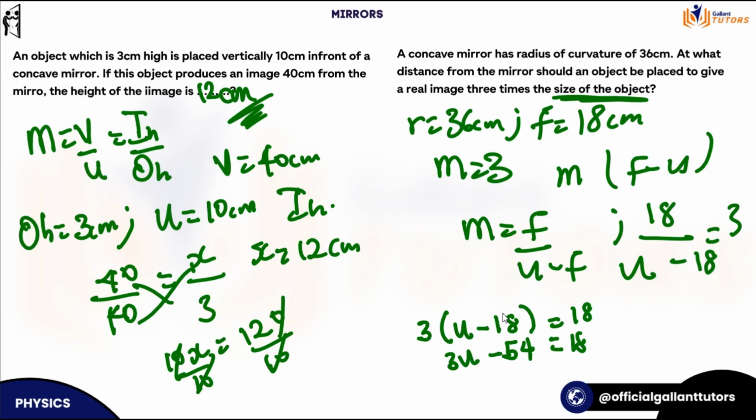Okay, if this thing cross this part, we're going to get 3u is equal to 54 plus 18. That's 72. Right? So 72 divided by 3 will give you what? 24. So our u is equal to 24 centimeter. So let me clear this place and then we'll continue.